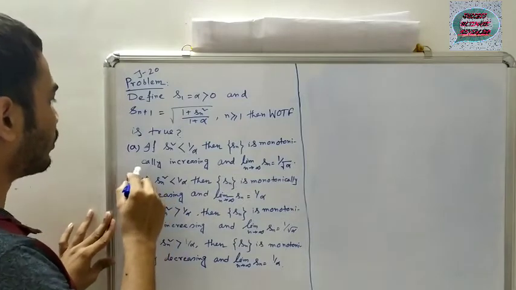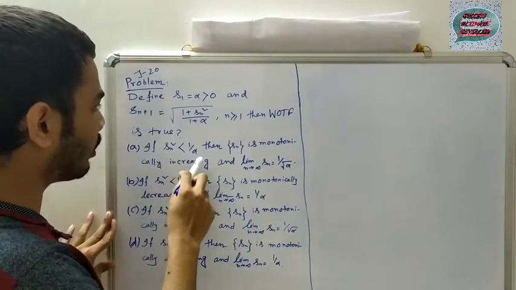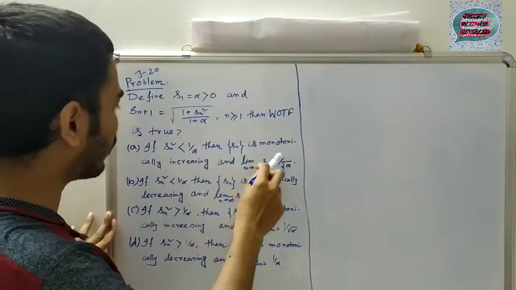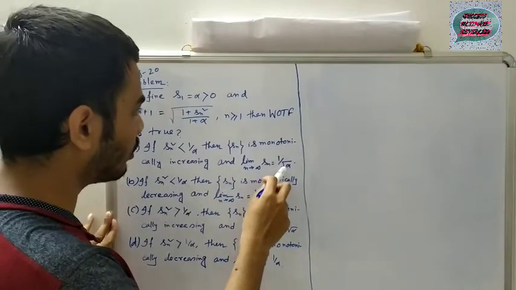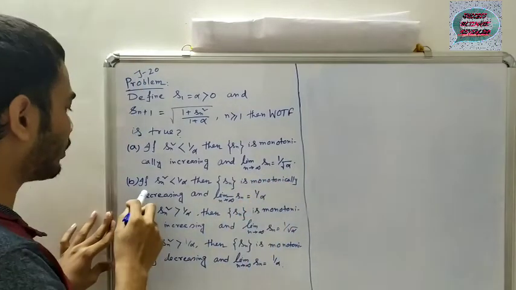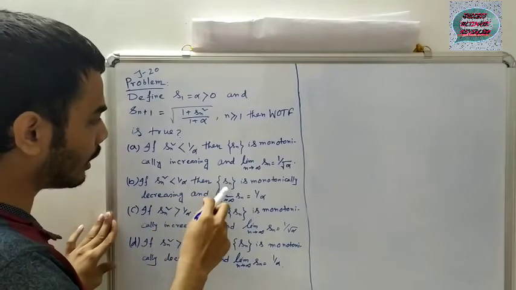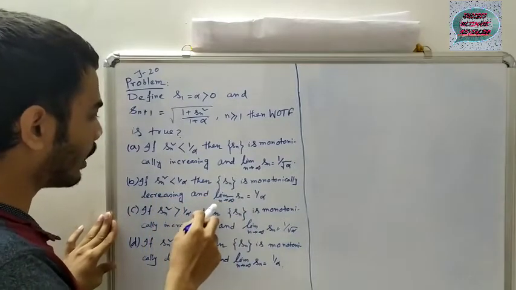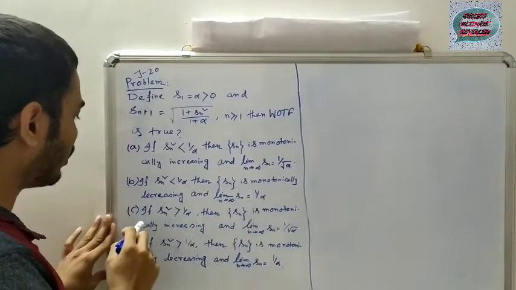Option A: if Sn² is less than 1/alpha, then Sn is monotonically increasing and the limit as n tends to infinity of Sn equals 1/root alpha. Option B: if Sn² is less than 1/alpha, then Sn is monotonically decreasing and the limit of Sn equals 1/alpha.